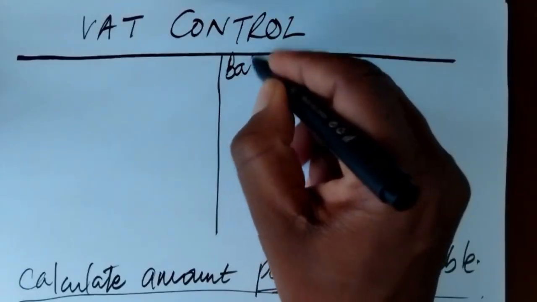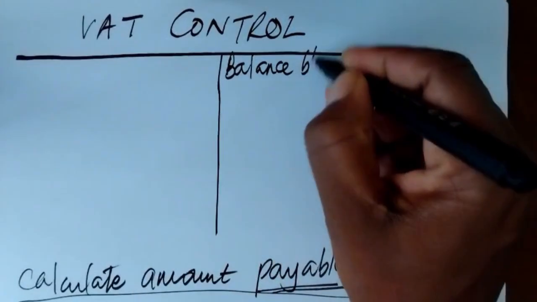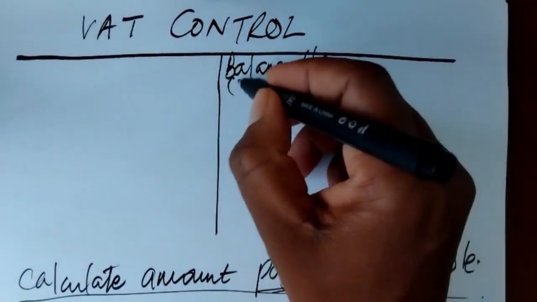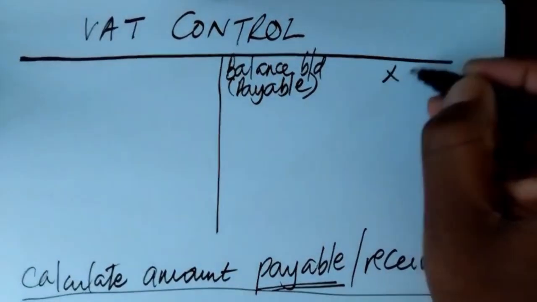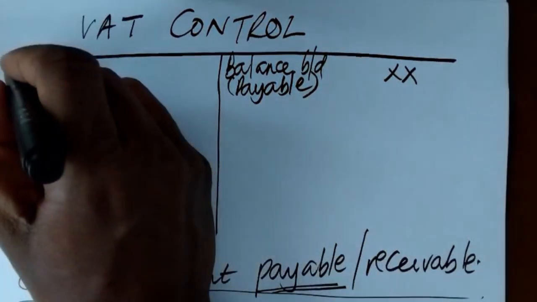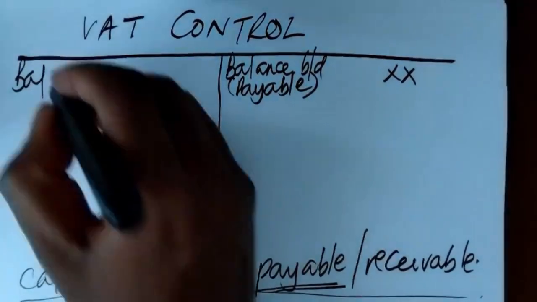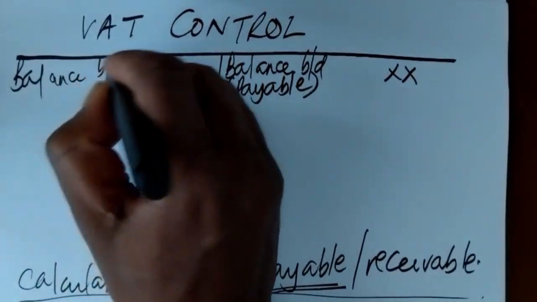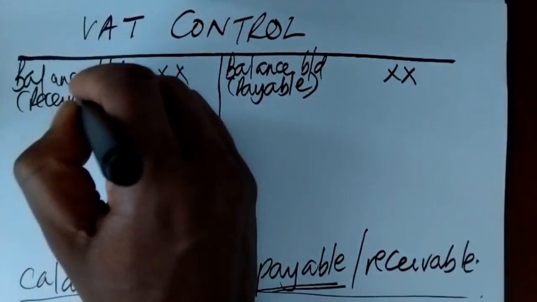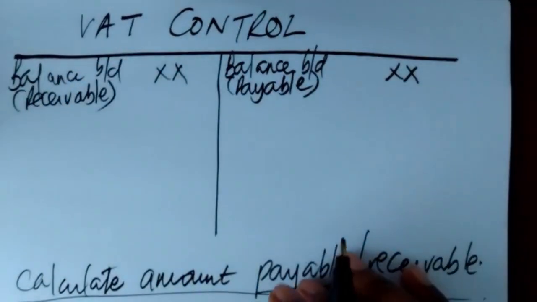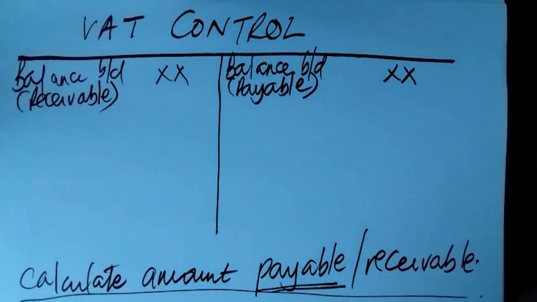So my balance b/d will be on the credit side if it's payable, right? And automatically, you know that your balance b/d will be on the debit side if the VAT is receivable. That is at the beginning of the VAT cycle.